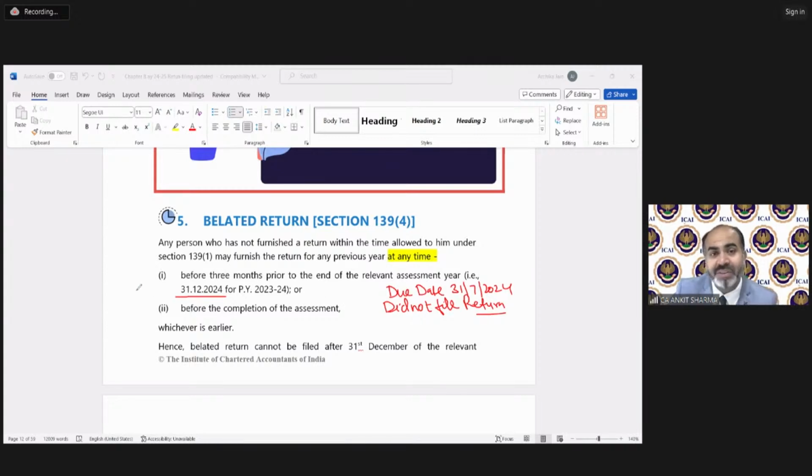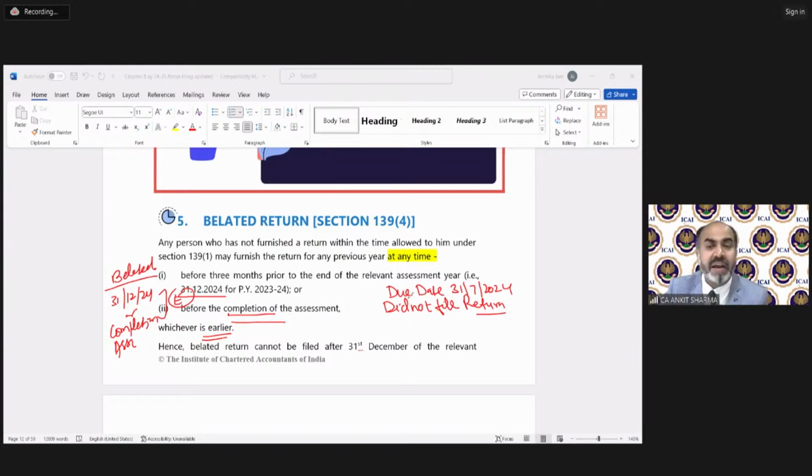But the rule says a belated return can be filed up to 31st December 24 or before completion of assessment, whichever is earlier. What is the meaning of completion of assessment?